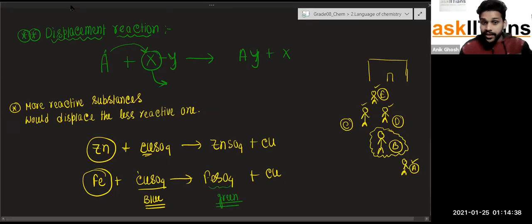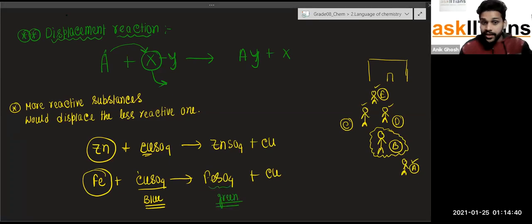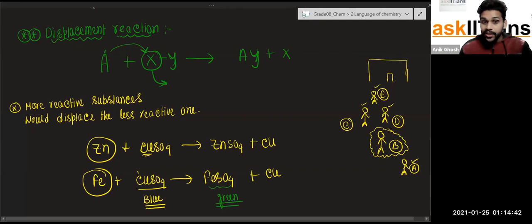So what would happen? So if I just try to draw the picture that would happen here, let's see whether we can draw it or not. So if this is a test tube, and previously if there is copper sulfate solution in it, copper sulfate is blue in color, okay?